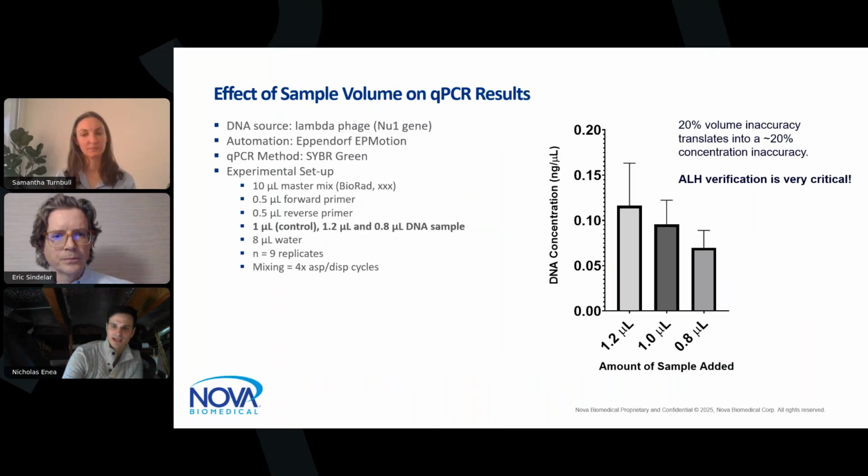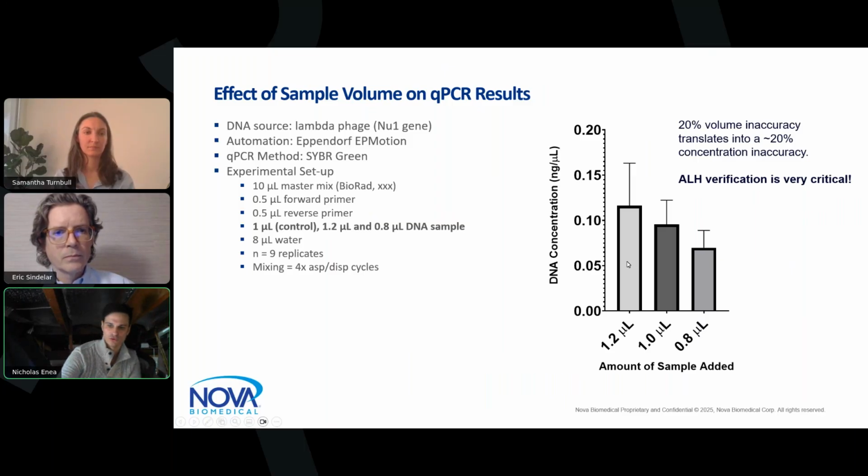All right, now getting back to a couple more examples, a qPCR genomics workflow here. In this specific example, we were taking a look at the setup with a SYBR Green assay. The control for us was around 1 microliter, but if you were off by 20% with your volume, it would result in 20% inaccuracy.